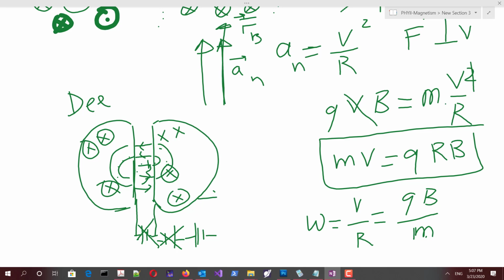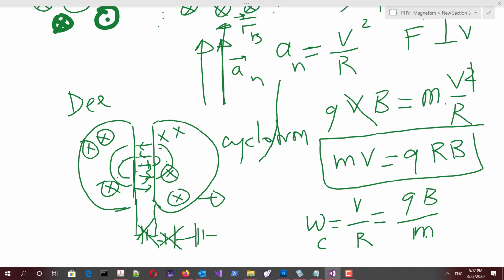By the time it emerges from here, where I'm going to have an opening, it's going to have tremendous velocity because it would have gone through this cycle several times and gained a lot of velocity. This was the first nuclear accelerator. This frequency is called the cyclotron frequency, and this is the cyclotron accelerator.